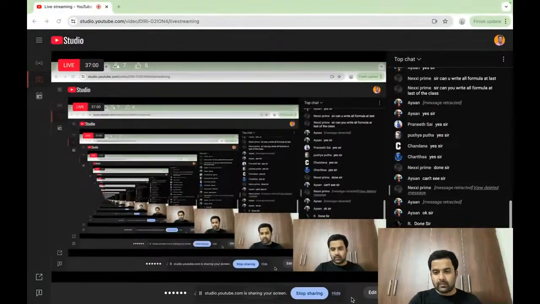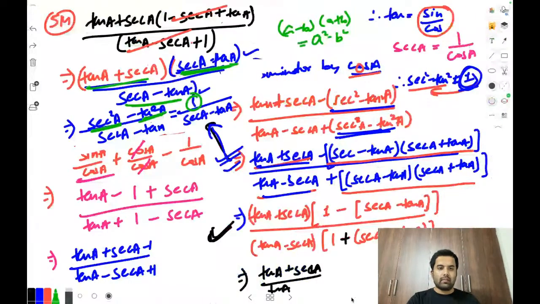Last step, black color. Okay, this one. So for this one, I need to just... okay, fine.